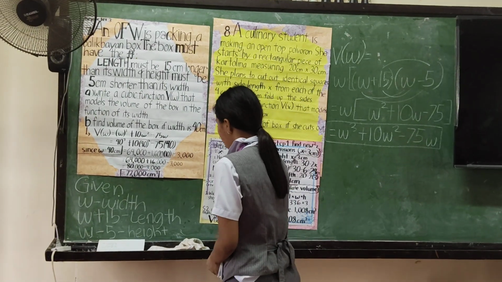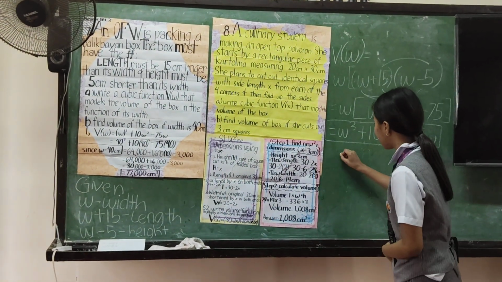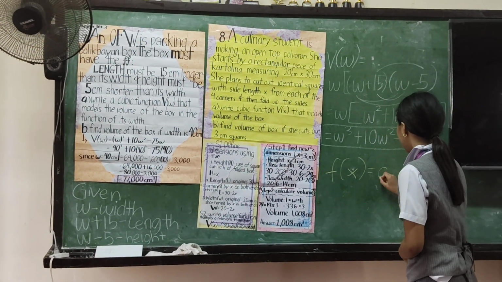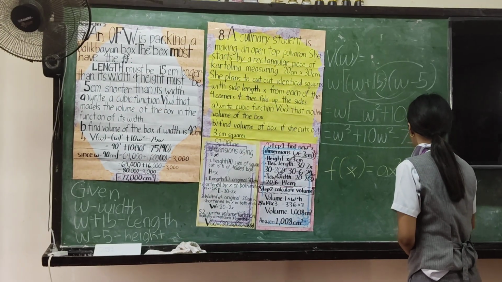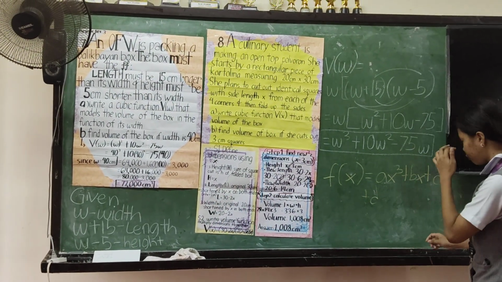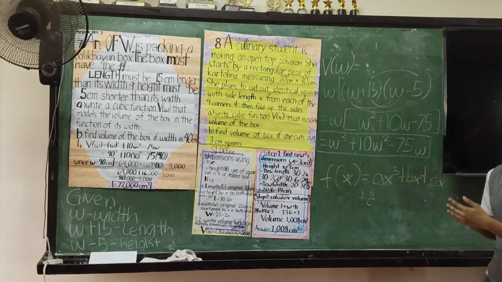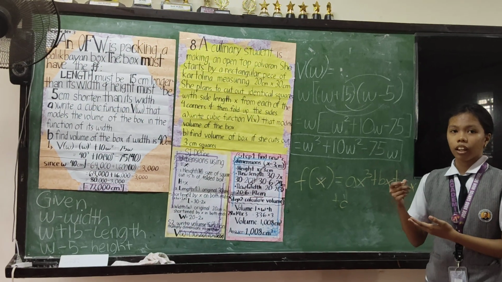Now class, the general form for a cubic function is represented as f(x) = ax^3 + bx^2 + cx + d. The quantity ax^3 gives the cubic function its defining characteristic, a graph of a snake-like curve.